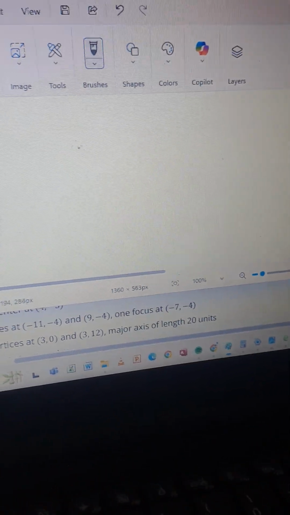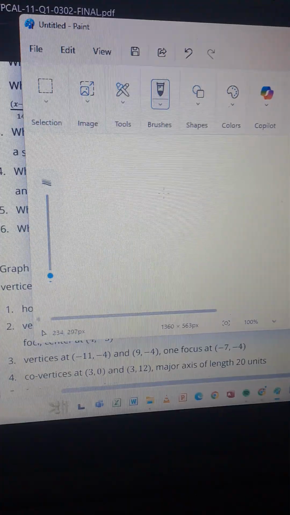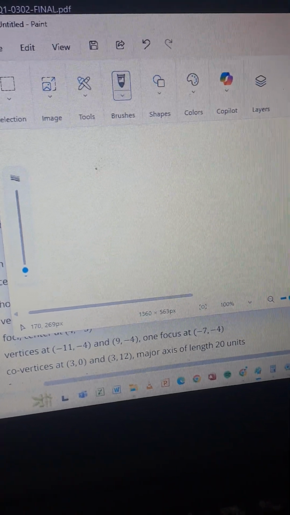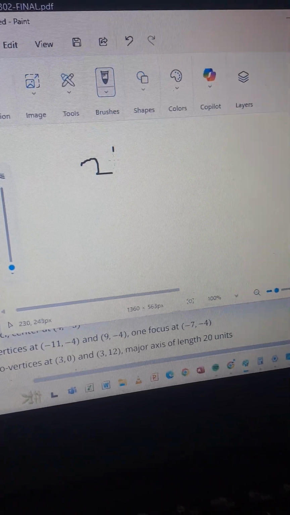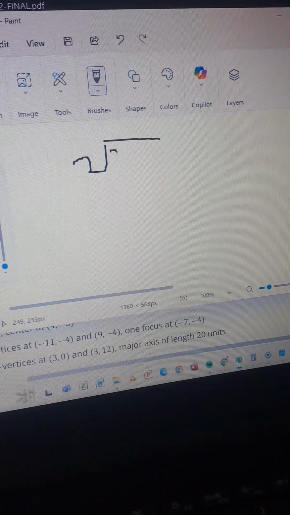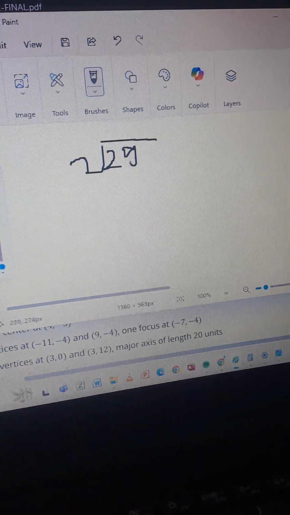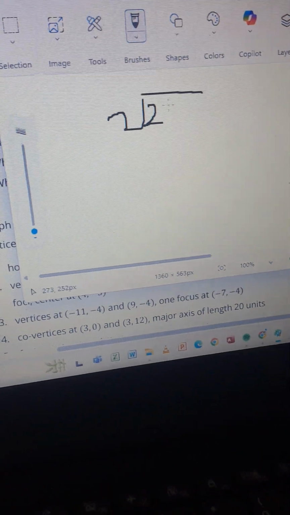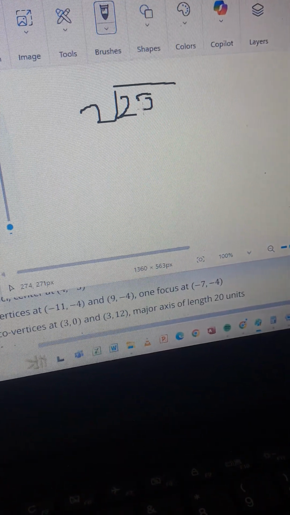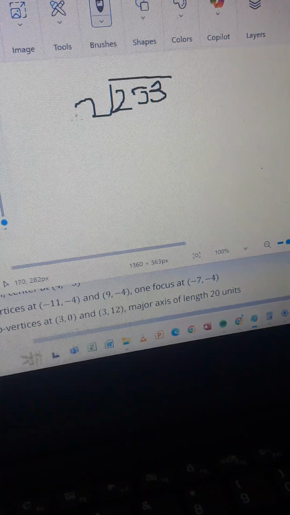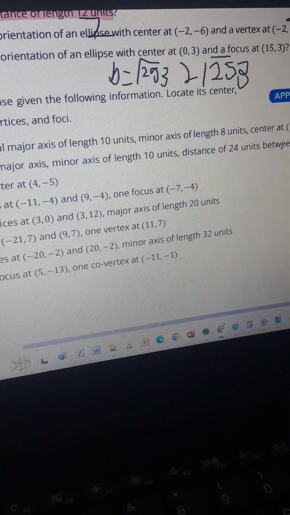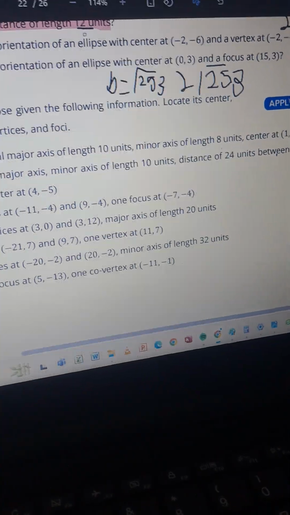Your B, or your answer for the minor axis is 2 square root of 253. That's your number 4.